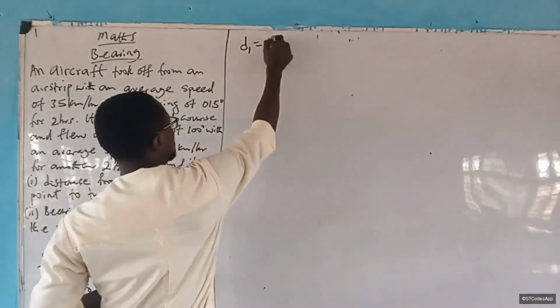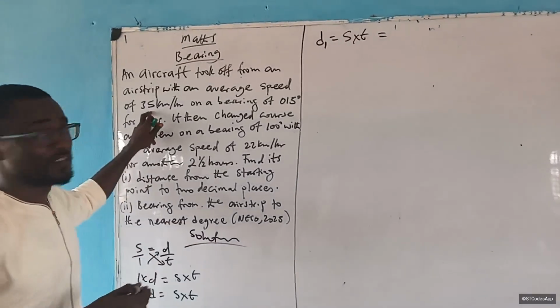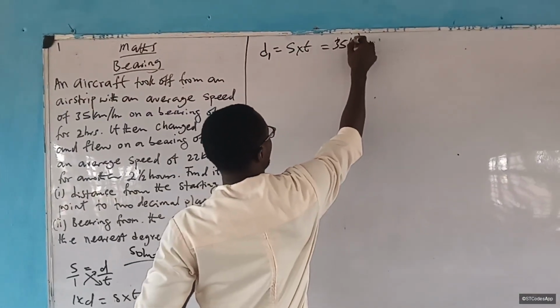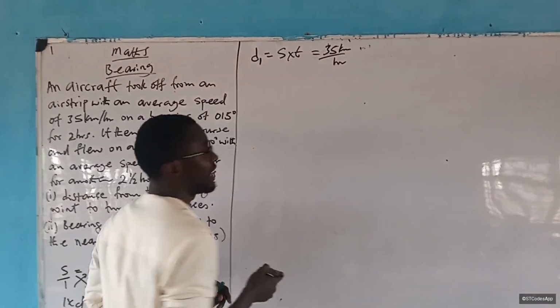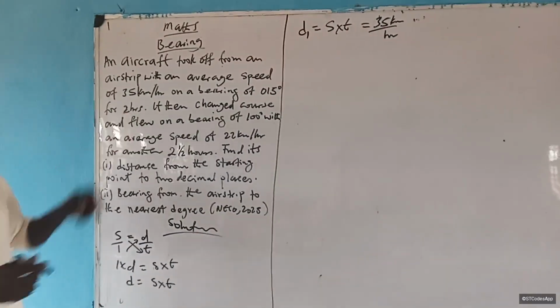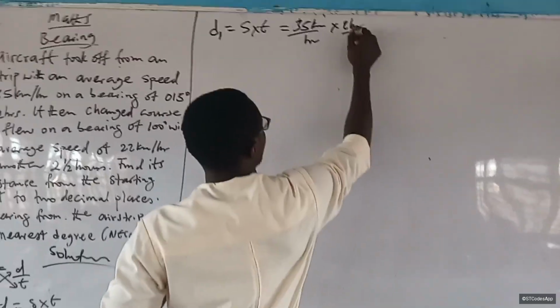That will be equal to speed times time. Our speed here is 35 km per hour, for 2 hours. So I'm going to have 35 km per hour times 2 hours over 1.